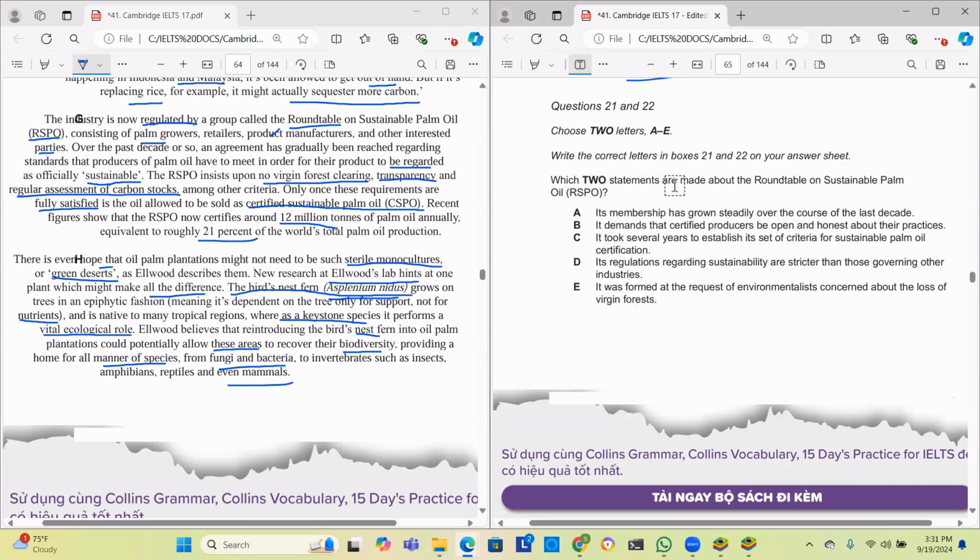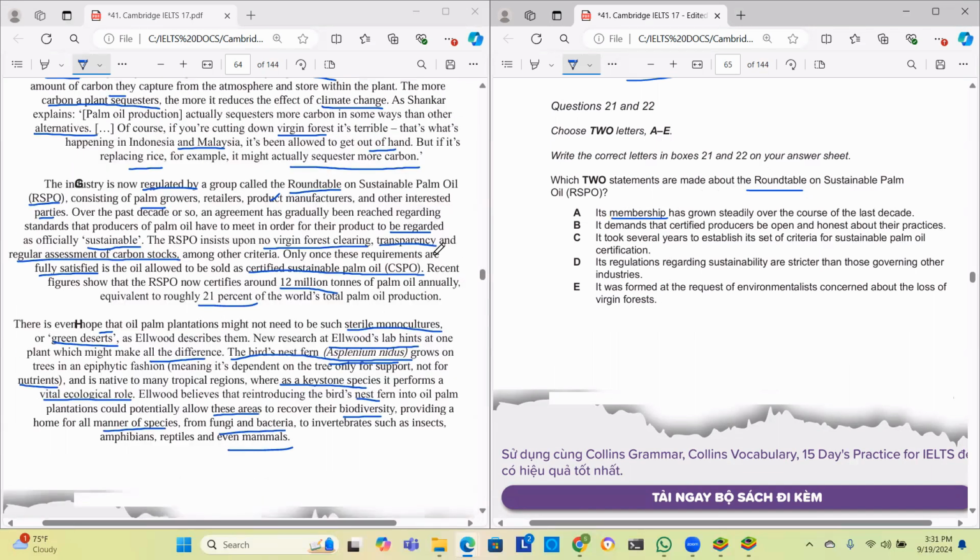So which 2 statements are made about the RSPO? Option A: its membership has grown steadily over the course of the last decade. So it's talking about the membership here. Did we read about the membership in this paragraph?